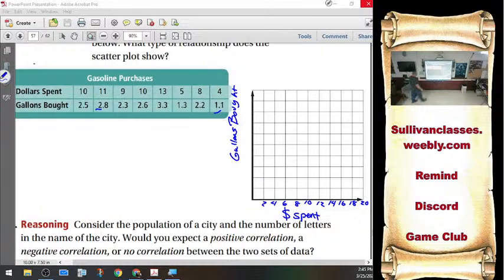Oh, there's a 3.3. Okay, we can't go to. Well, we can if we start at 1 instead of at 0. All right. Y'all remember how we jump up in the table or in the graph? How do I jump from 0 to 1?